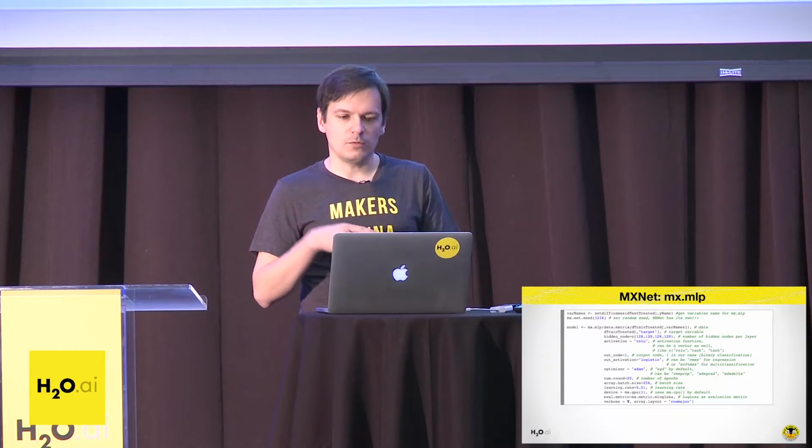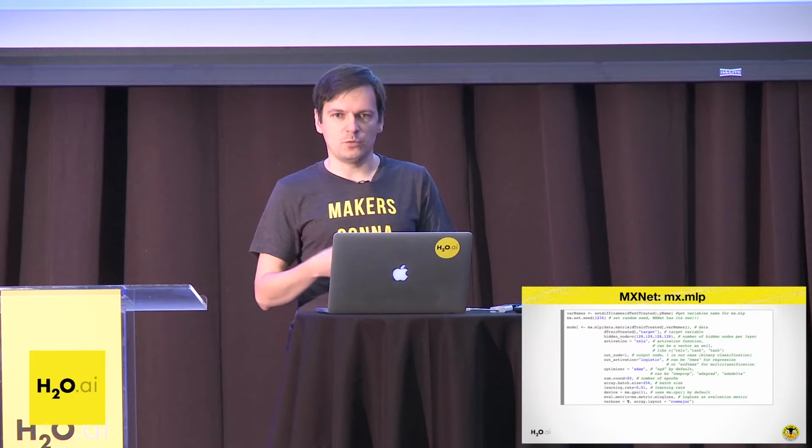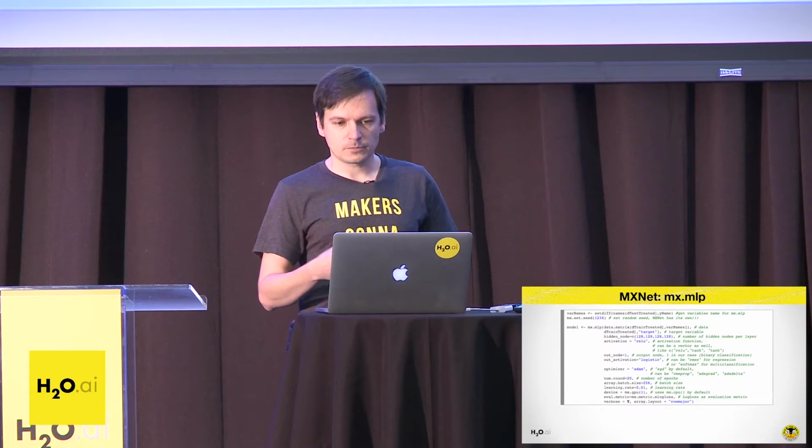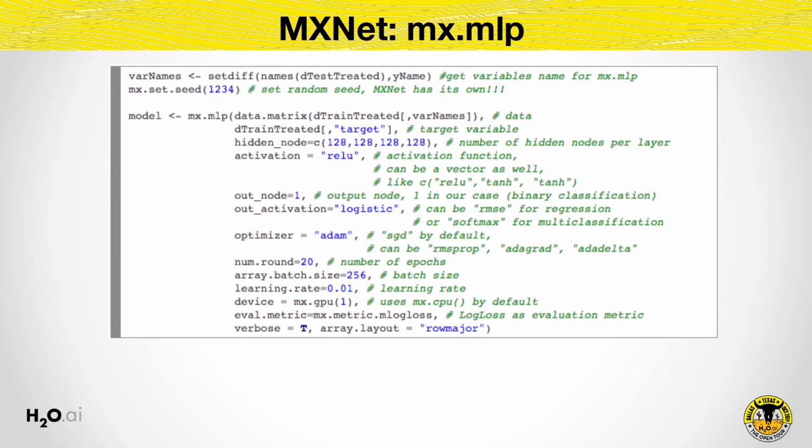So it works almost in the same fashion as you work with the H2O deep learning model. You just pass the data set and the target variable. You can identify how many neurons per layer you're going to have. You can define what kind of activation function you're going to use, how many outputs you have, and what type of output activation you have.